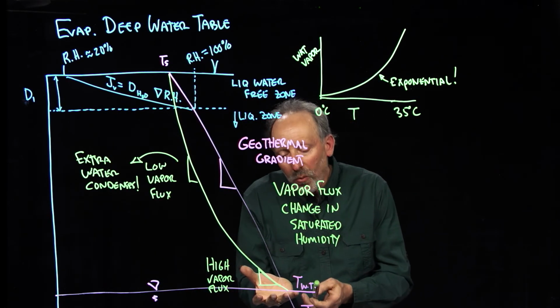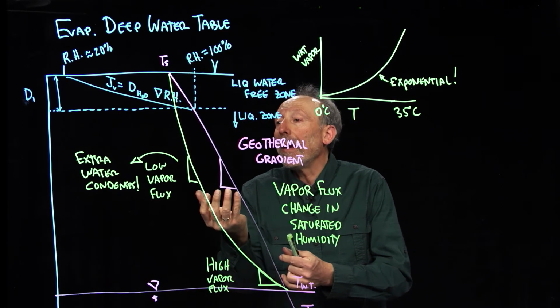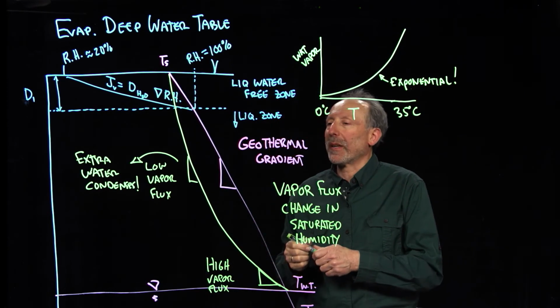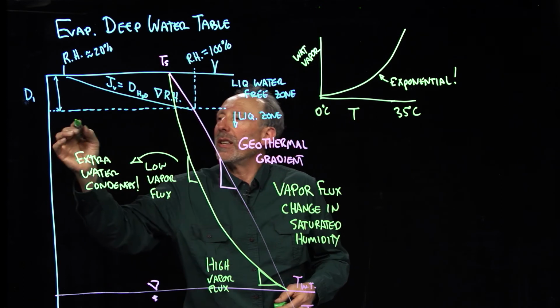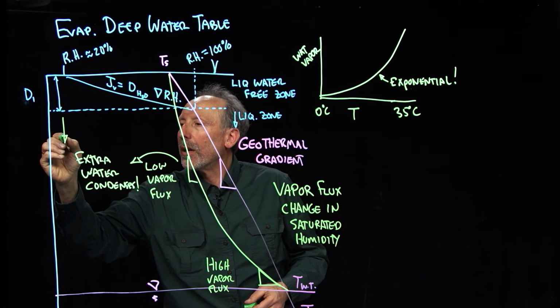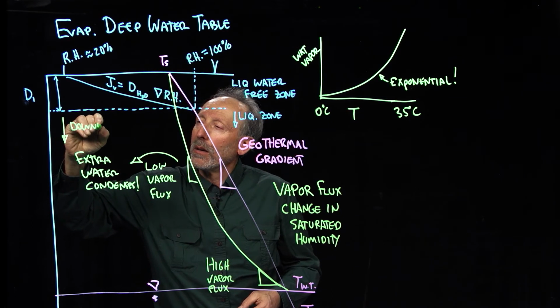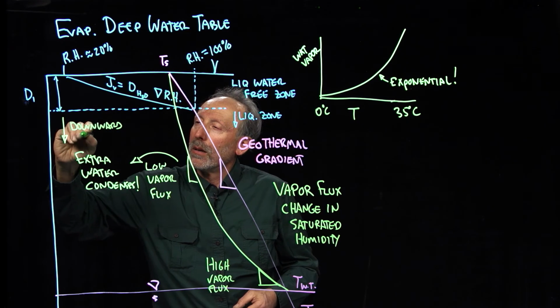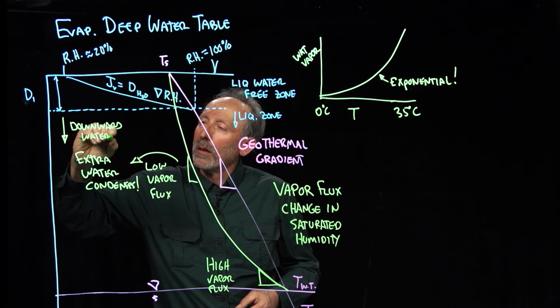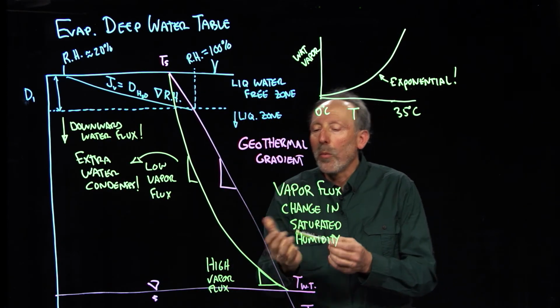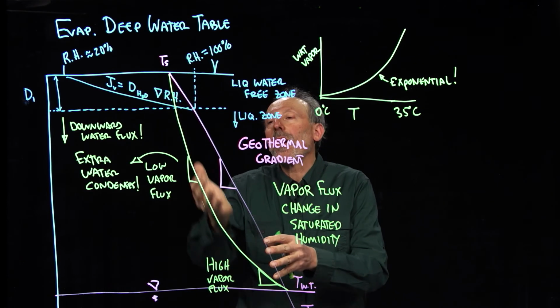So what we have is water coming off the water table, going up, but it's condensing as it goes. So in fact, what we're getting in this region is a downward water flux, because more and more water is condensing as the water vapor comes up.